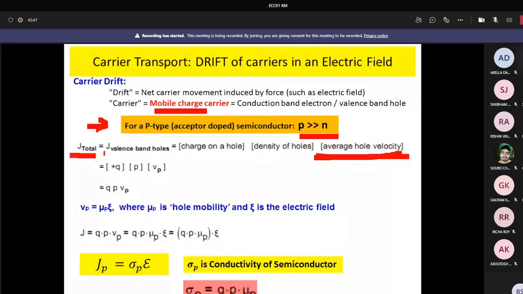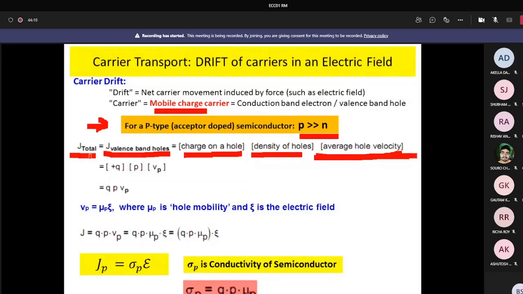As in a P-type semiconductor the majority carriers are holes, we are considering J total by holes. So we can write the current density as the charge on a hole, times the density of holes, times the average velocity. That will give the current density.